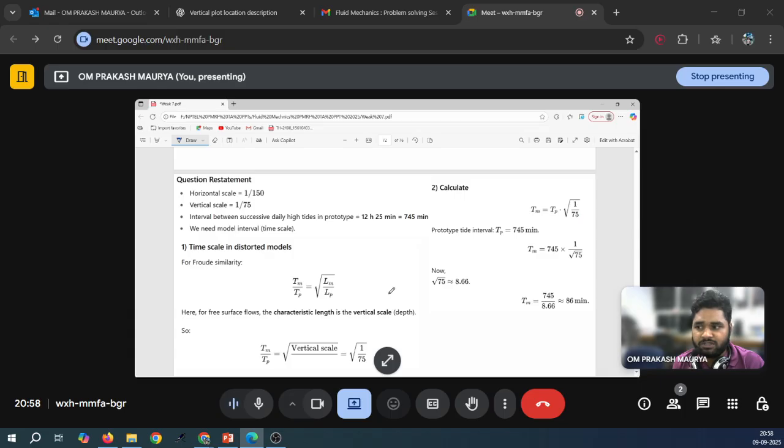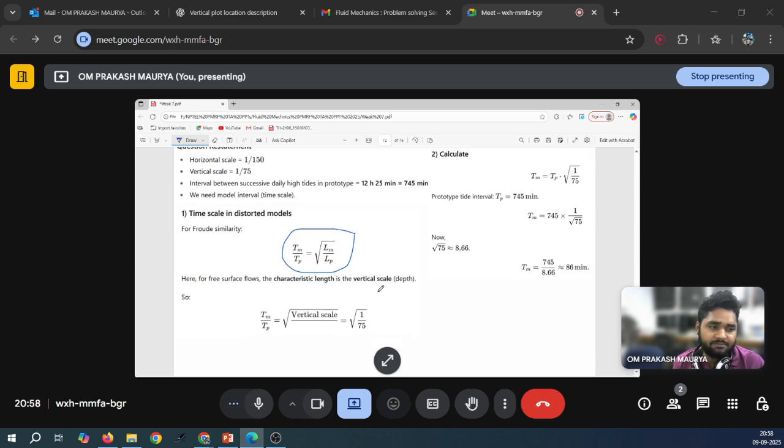So how will you proceed with that? The time scale in the distorted model, you know already, Lp by Lm. So Tr is equal to root Lr. We have already seen this in the previous questions.